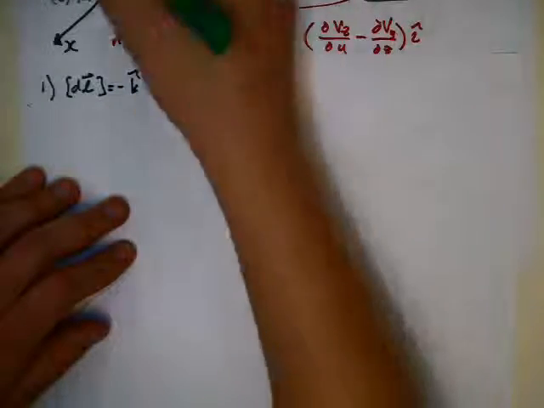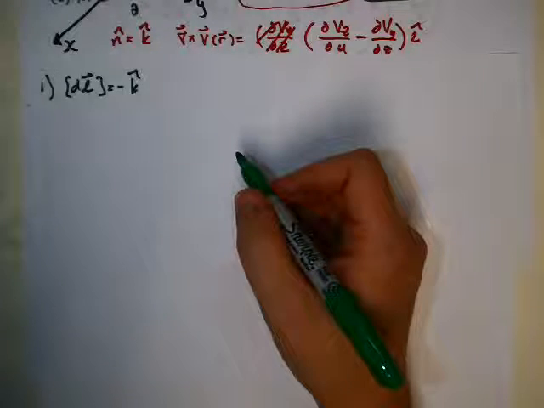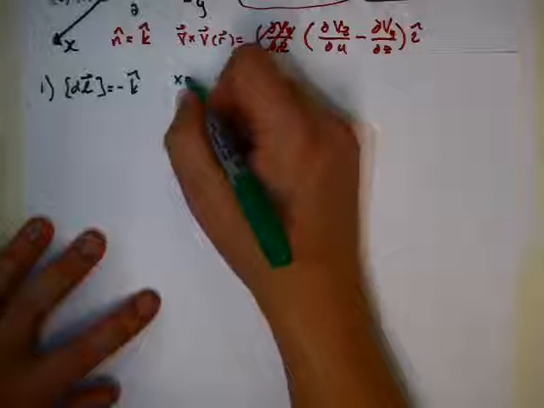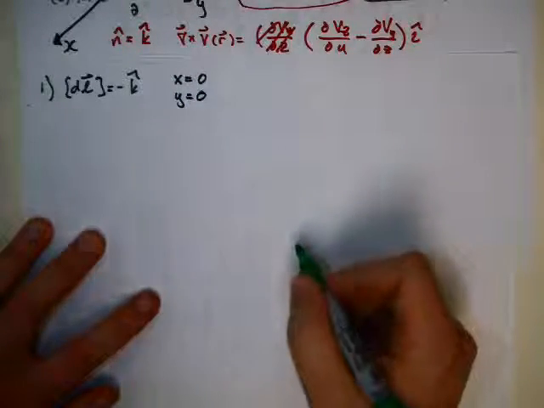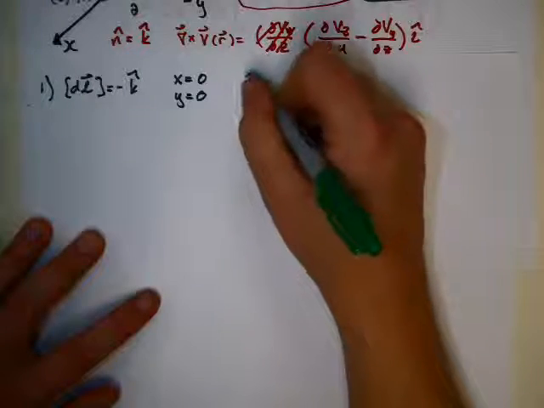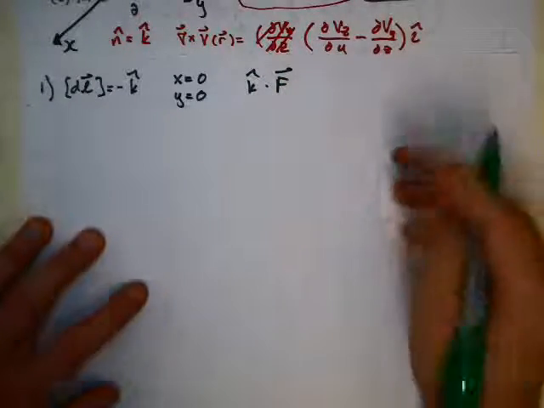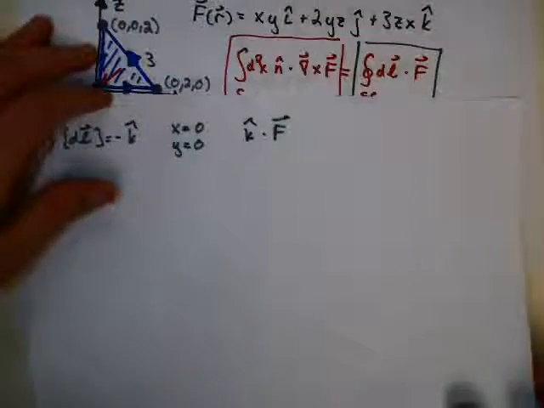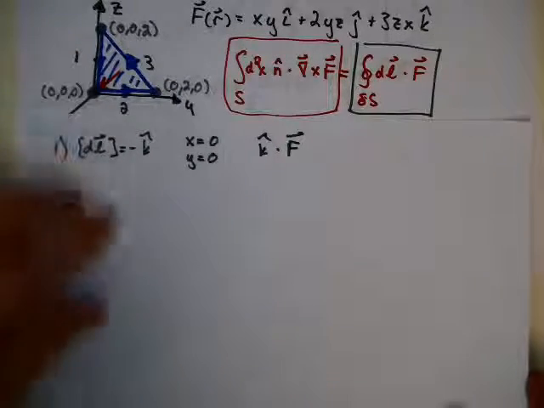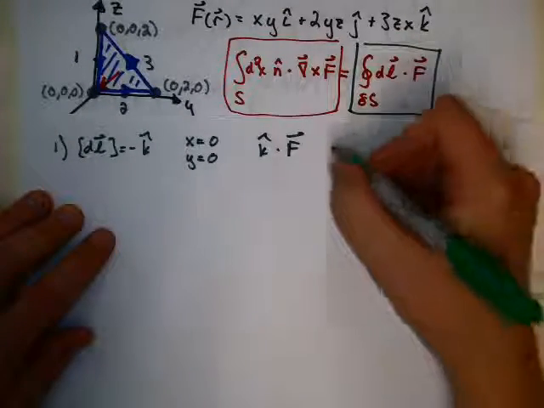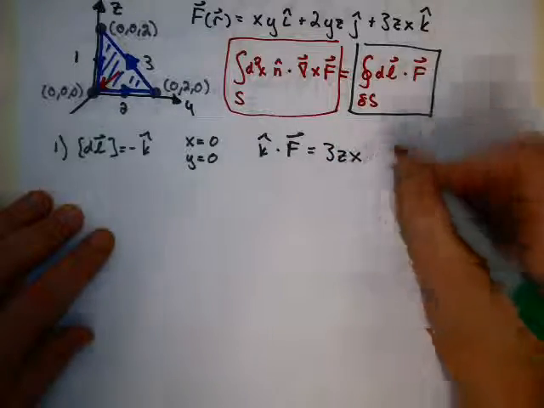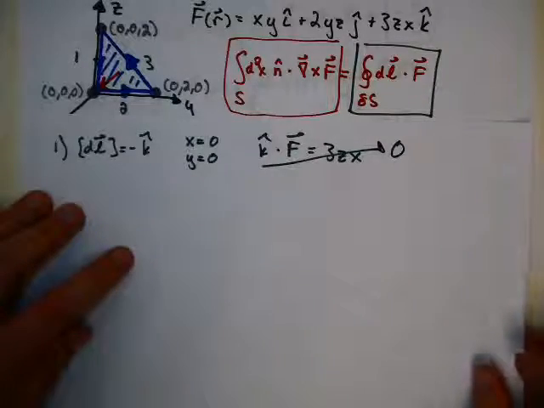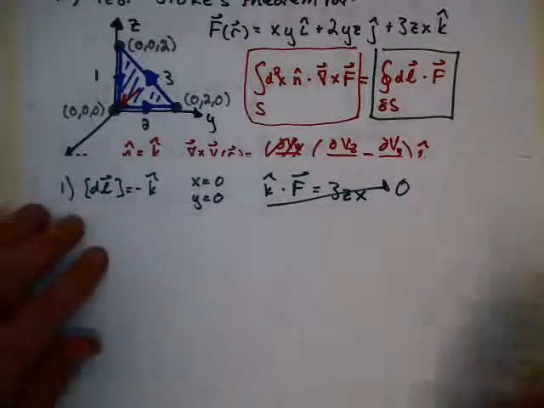And along this line, z goes from 2 to 0 along the z-axis, which says that x equals 0 and y equals 0 along that line. When I have k hat dot f, I can see that f is 3zx. At x equals 0, this is going to be 0. So I'm going to have no contribution from the first part.